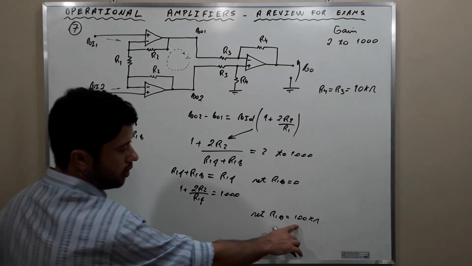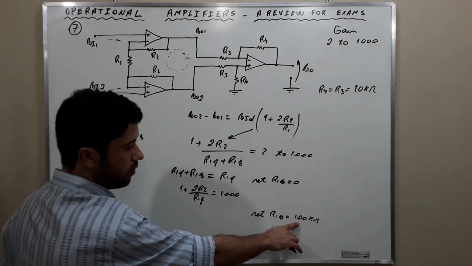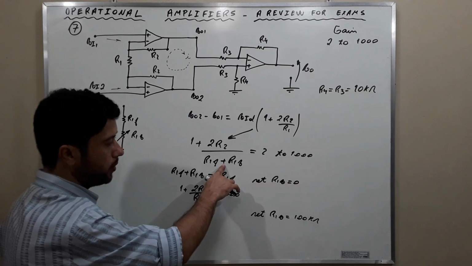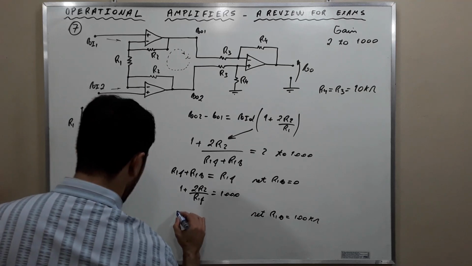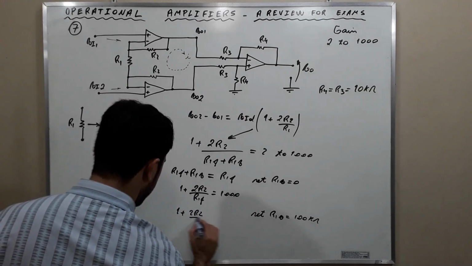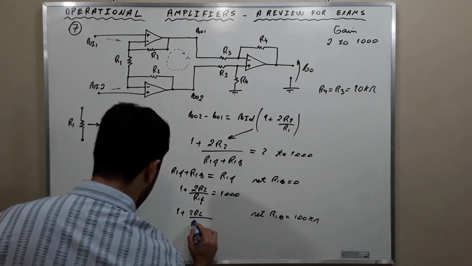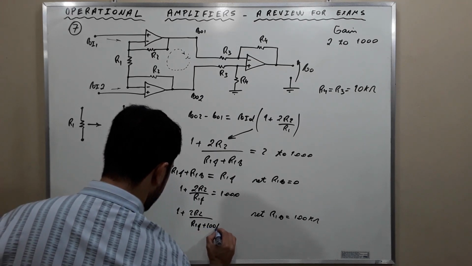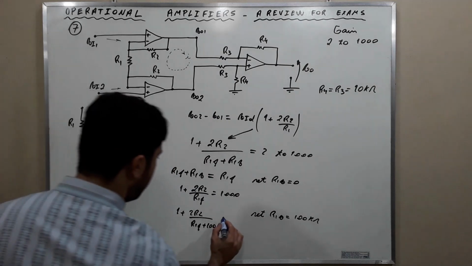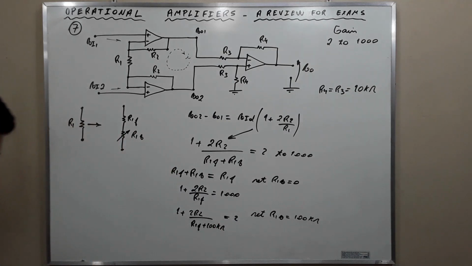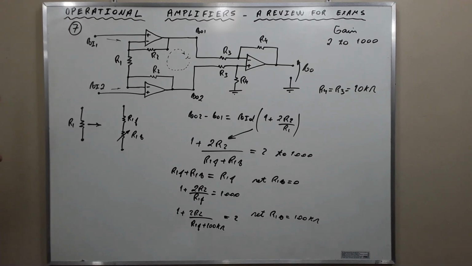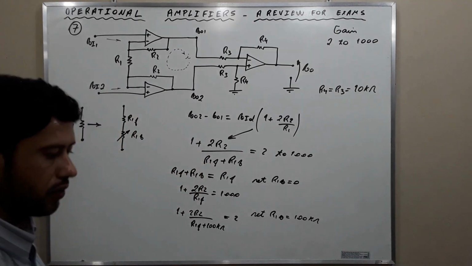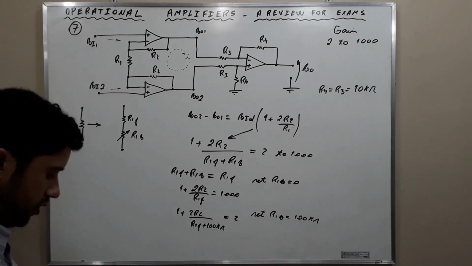If we use this big value for R1V, the denominator is going to be big, then the gain is going to be the minimum: 1 plus 2R2 divided by R1F plus 100 kilo ohms is equal to 2. Now we have a system of equations. We have to find a solution for this system of equations. This is the last step in solving this exercise.